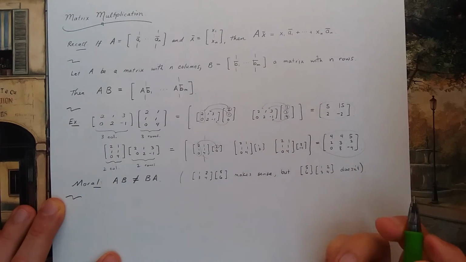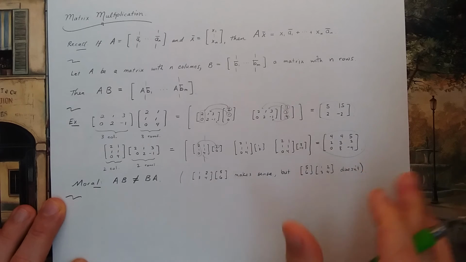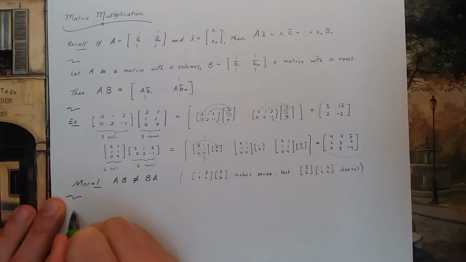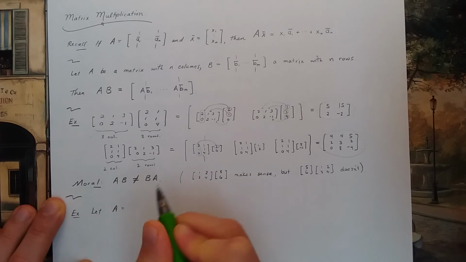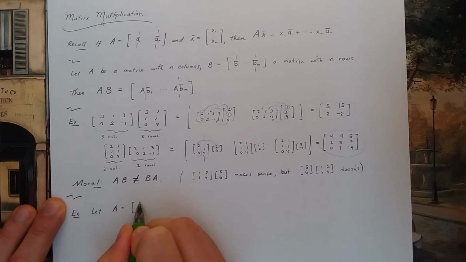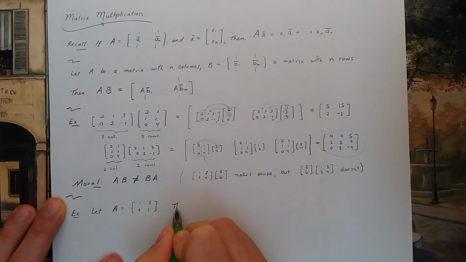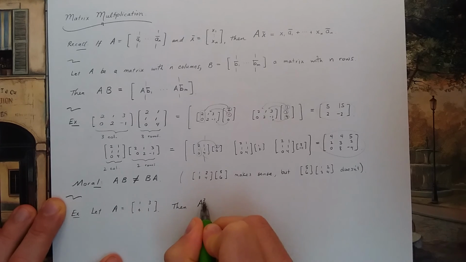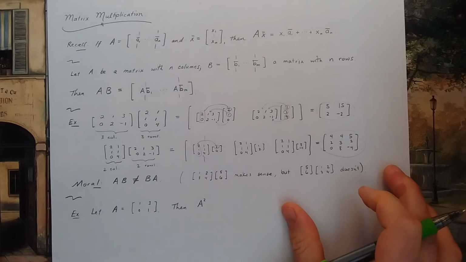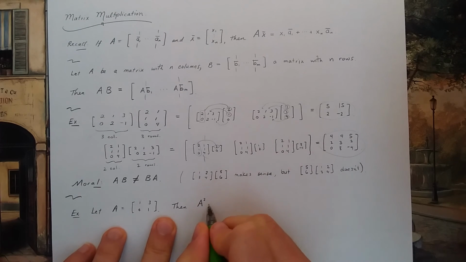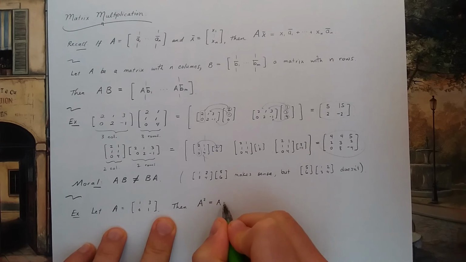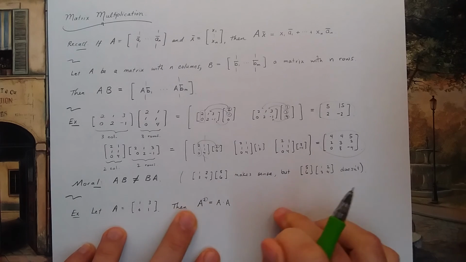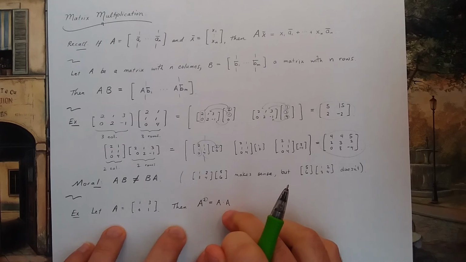Let's finish this video with one more example of matrix multiplication. How about I let A be the matrix 1, 3, 0, 1. Then A squared can be interpreted to be A times A. If I have an exponent here, like A squared, that just means multiply the matrix with itself a couple times.